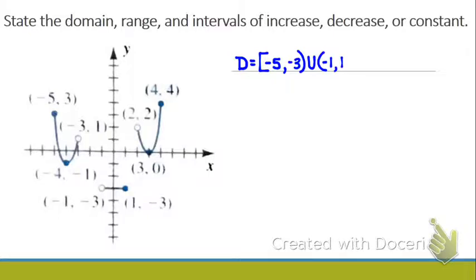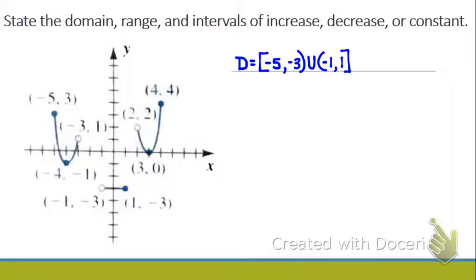Because if I look right here, that graph doesn't have anything else that's here. It doesn't pick up again until I get over here. So here's where I'm at. Bracket or parenthesis? Bracket. And then there's a gap on my graph again, right? How do I explain that there's a gap?